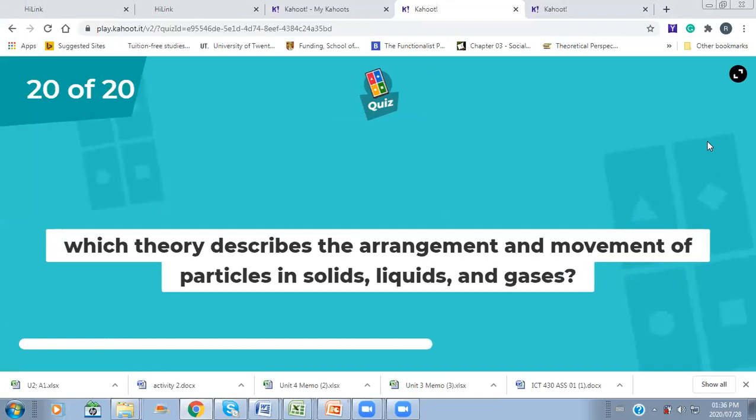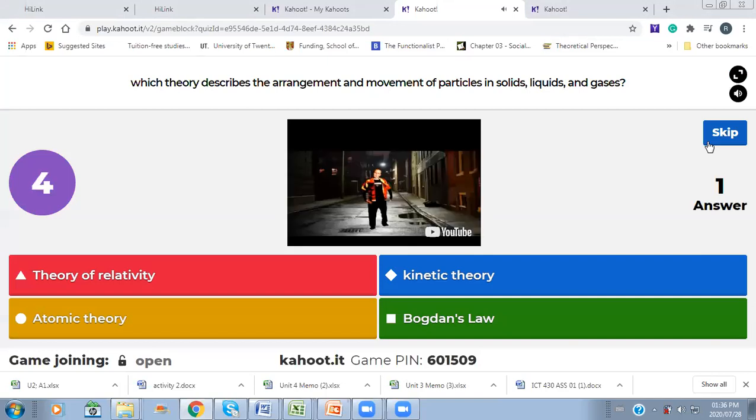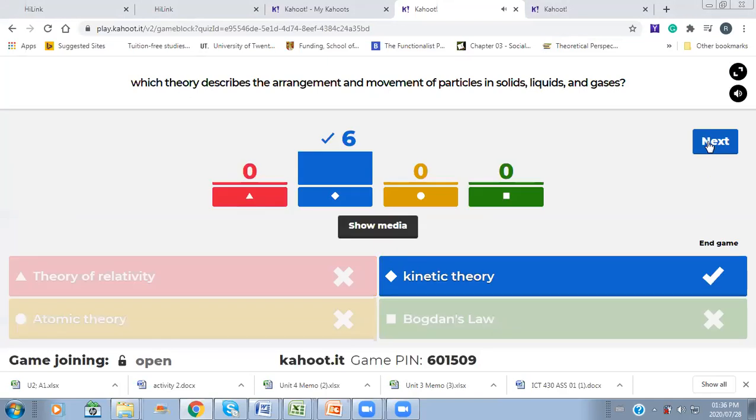Describe the arrangement and movement of particles in solids, liquids, and gases. Theory of relativity, kinetic theory, atomic theory. Very good. All of you got that. Let's see.